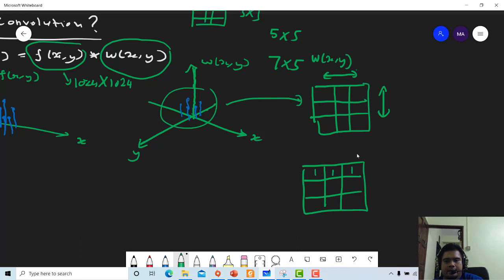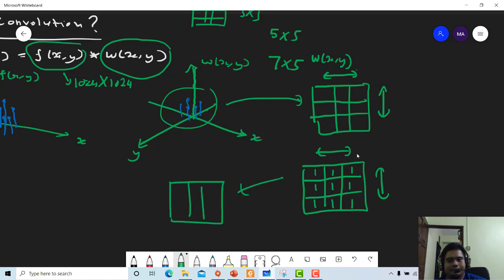Each element inside the filter, or each filter coefficient inside this matrix, is always 1. Everything is 1. Meaning that even if you flip in this direction and this direction, you still get the same: 1 1 1 1 1 1 1 1 and 1.